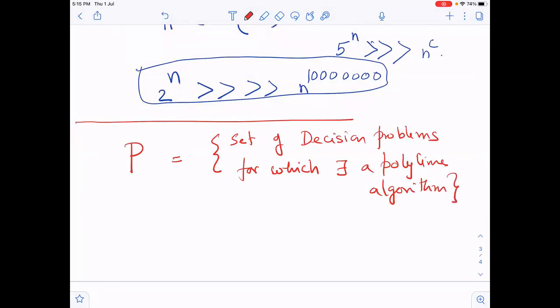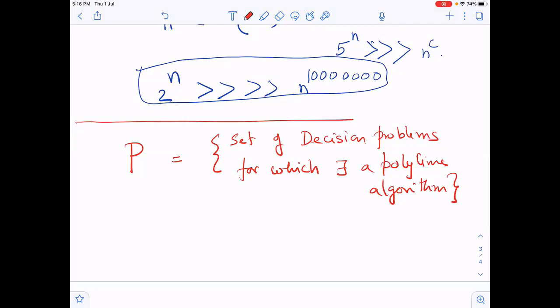So if you have heard of somebody saying that this language is in P, this is what they mean. It just means that there exists a polytime algorithm. It doesn't say whether the algorithm is n square or n cube or n to the power 100. It just says it's a polytime algorithm.